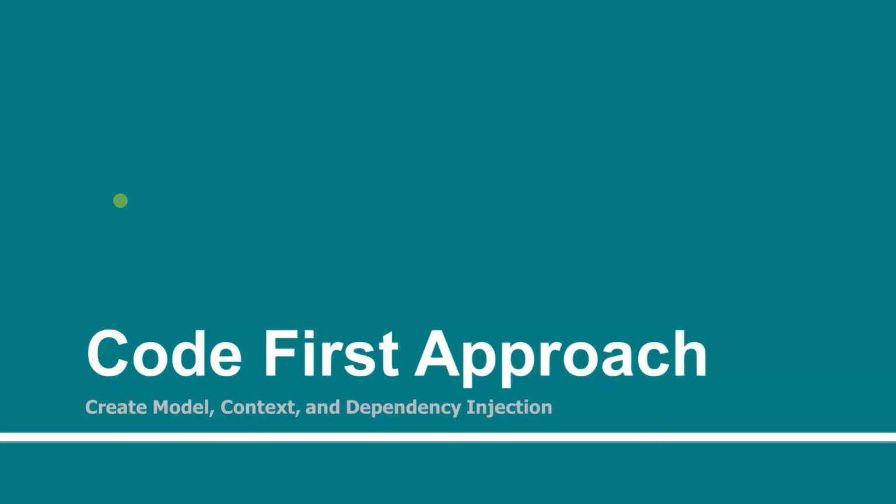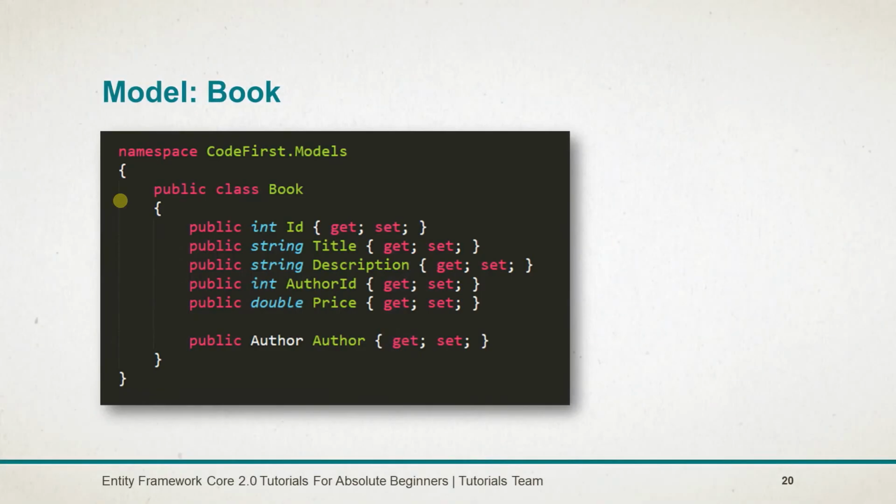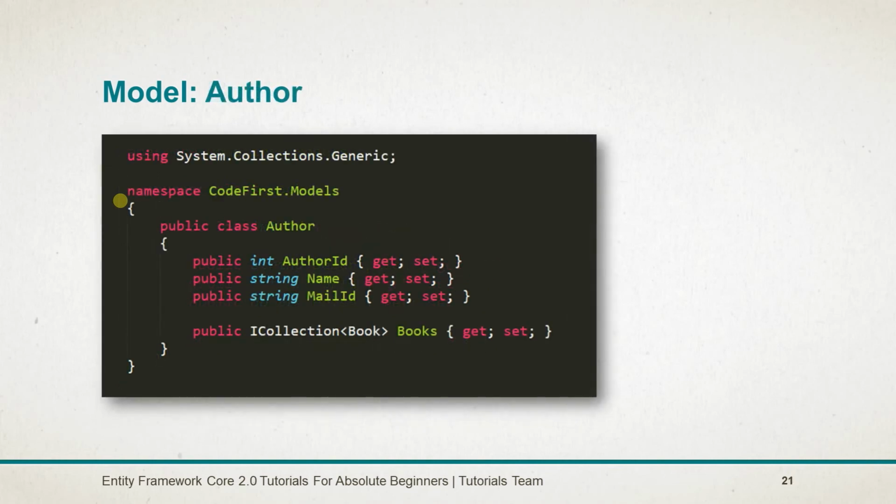Let's see what we have learned in this session. To create a table, we need to create the model that represents the fields within that table. Here the navigational properties such as Author and Books specify the relationship between those two tables.